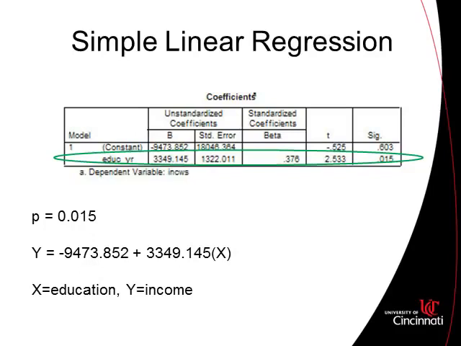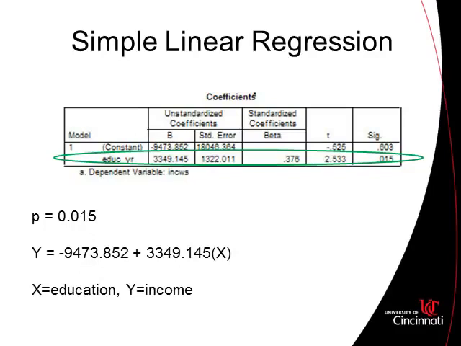And then we need to fill out our regression line formula. So we do this, remember we keep our y there, equals, and then we have our constant, and for these we're always looking at the B column, our beta column, and the constant row gives you your first number, so that's a negative 9473.852.